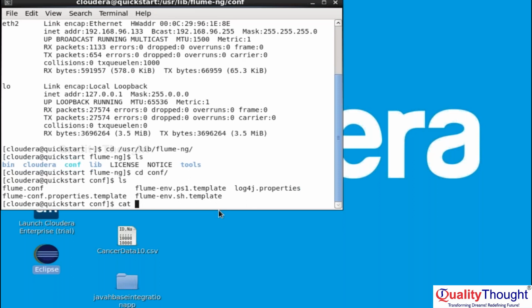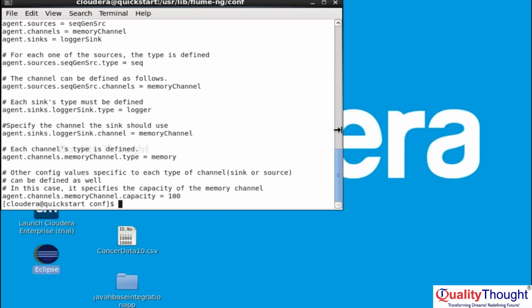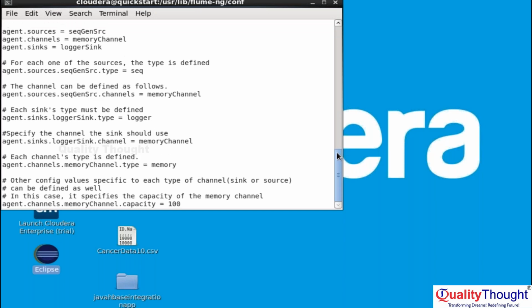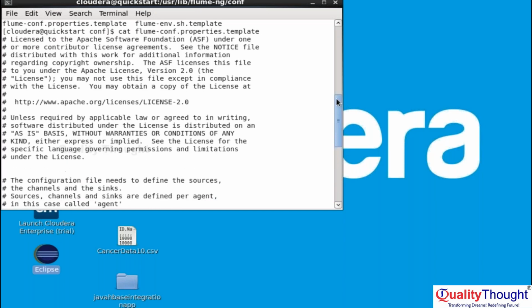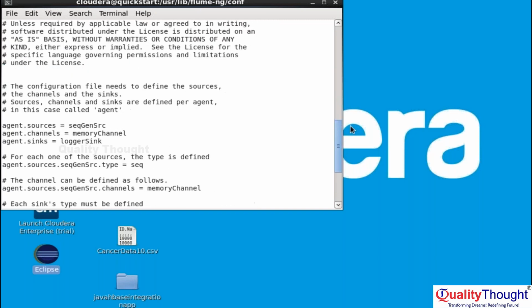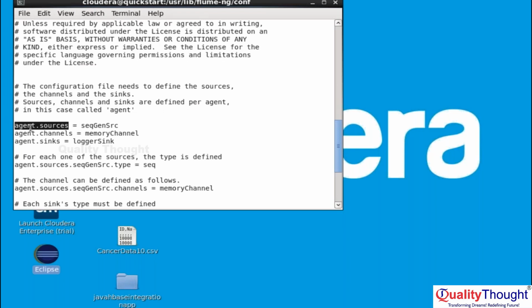Cat flume-conf.properties.template. This is sample detail. First we are providing the agent. The agent name is agent, but you can take any name. It is not mandatory to take agent. You can take Srinivas, and then you have to give that agent name in the command while executing.